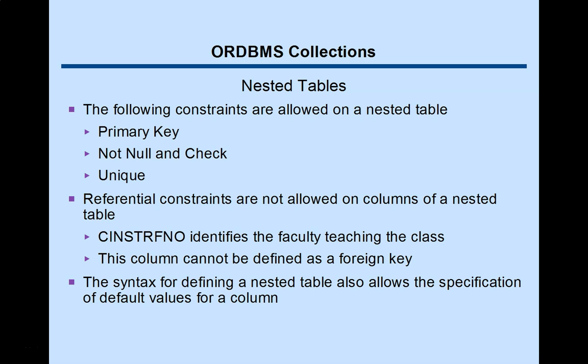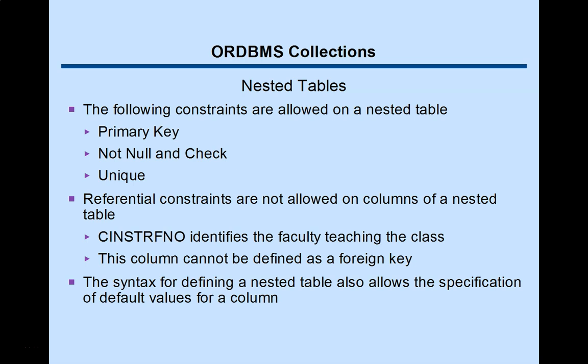Normally, we would want this defined as a foreign key to maintain referential integrity, to ensure that we have a valid faculty member associated for instructional purposes with the class. So this column, because of the inability to define a referential constraint, cannot be defined as a foreign key.